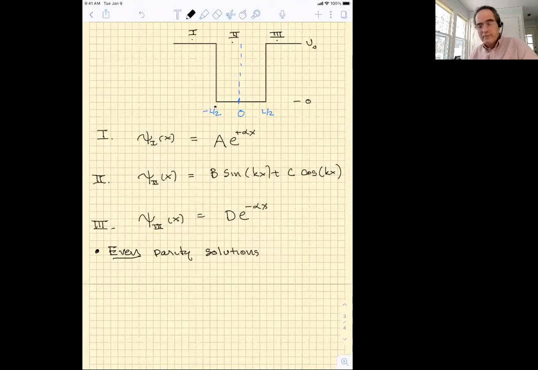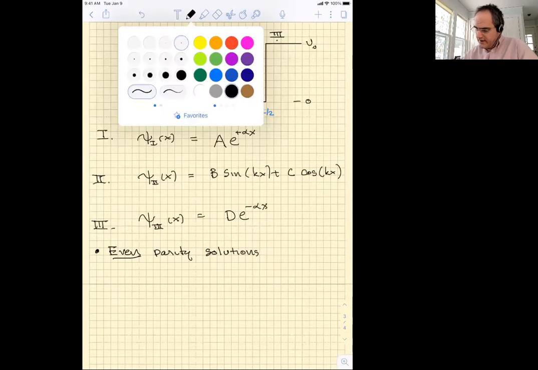And when we're done with this, then we'll go find the odd parity solutions. It makes sense to do this because each of those problems is much easier than the general problem, although the general problem is solvable too. Now, if we know the solution is even parity, then we can simplify things quite a bit in the following way.